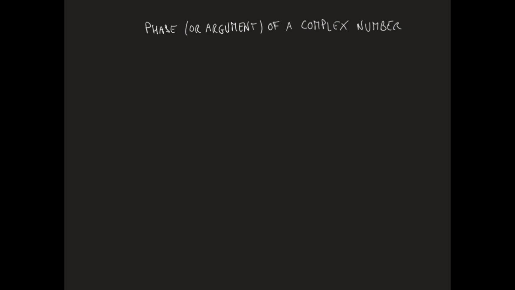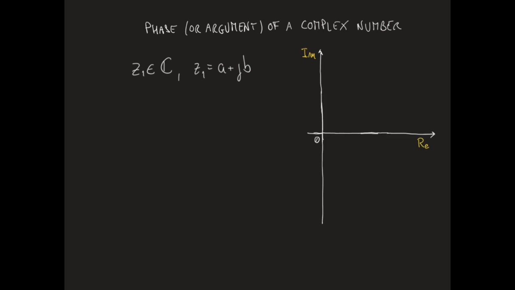Suppose now that the complex number Z1 is provided in a Cartesian form. So Z1 is equal to A plus JB. Note that for positive values of the real part, the phase phi 1 can go from minus pi divided by 2 to pi divided by 2.